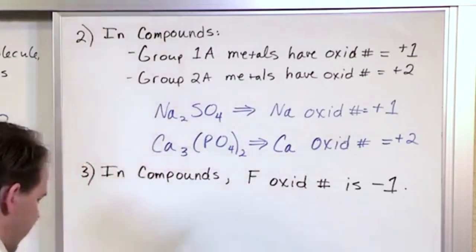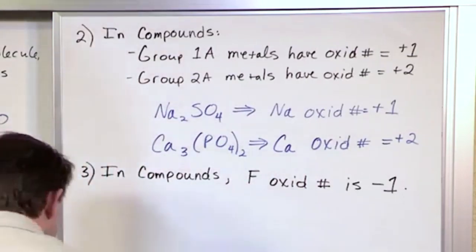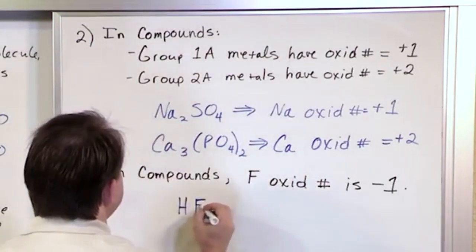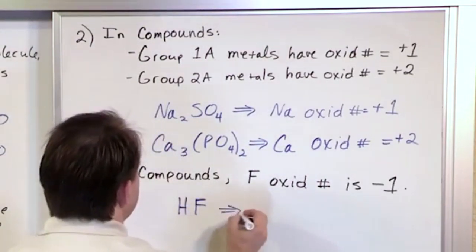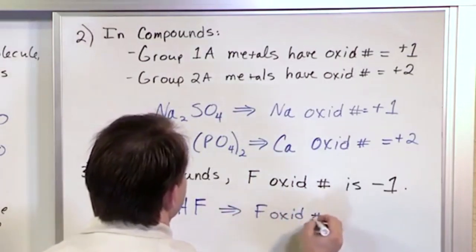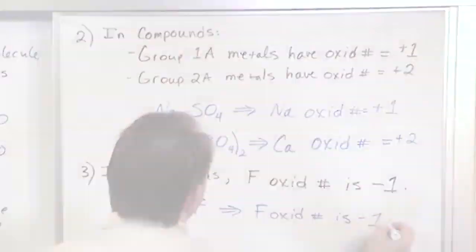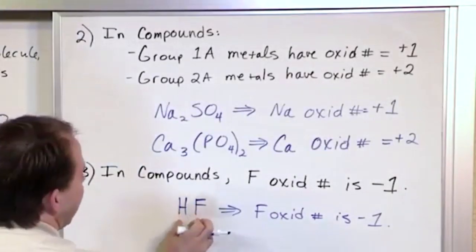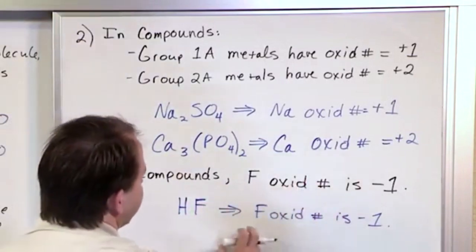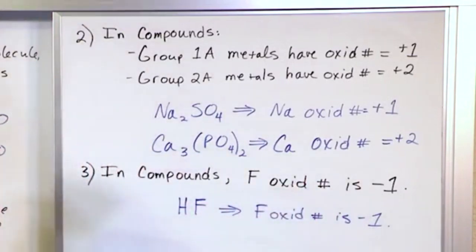Fluorine is always going to have a -1. So for instance, if you have the compound HF, then fluorine, you know right away, is -1. We look at HF, we see the F, and it's always -1, so we know right away, without doing anything else, that the oxidation number is -1 for that one.